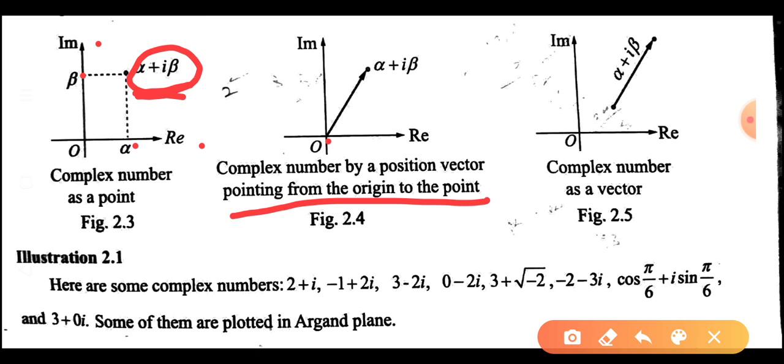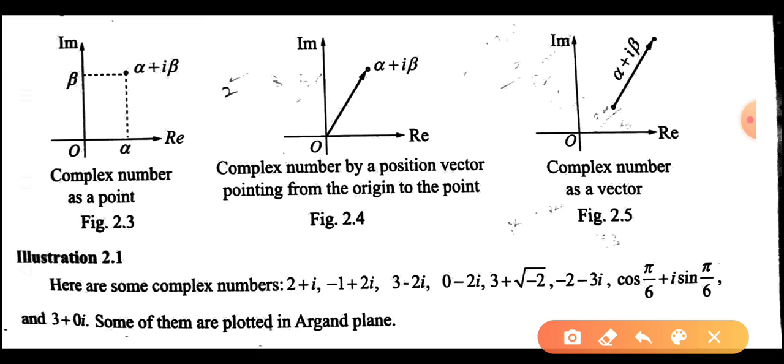Okay. Next, a complex number as a vector. Here alpha plus i beta. Okay, next, for example, here some complex numbers are there.